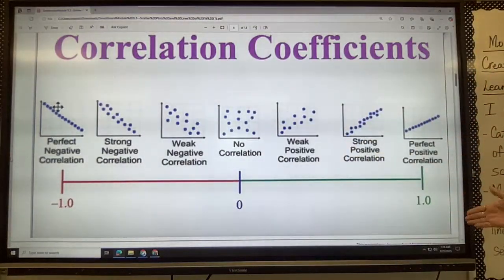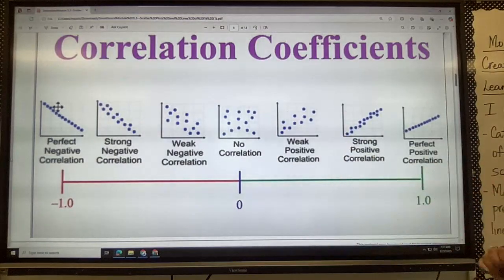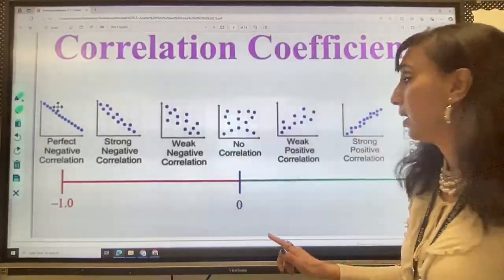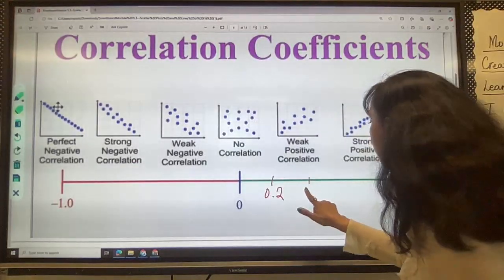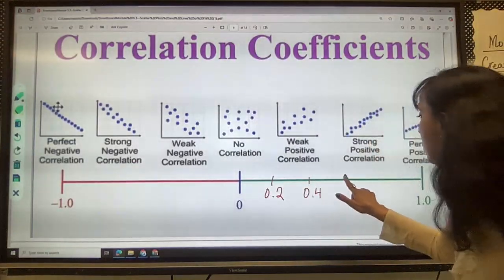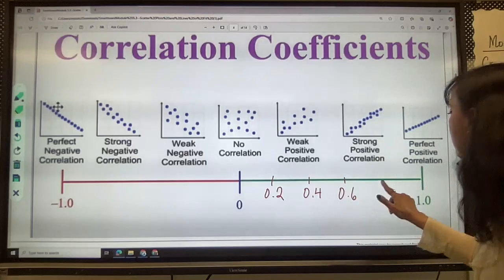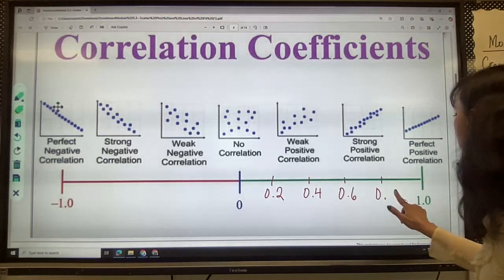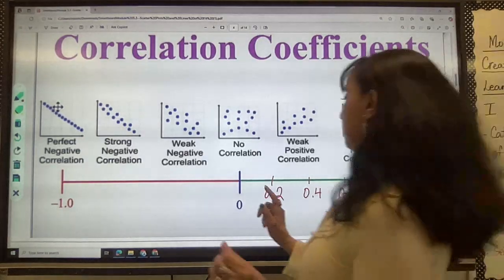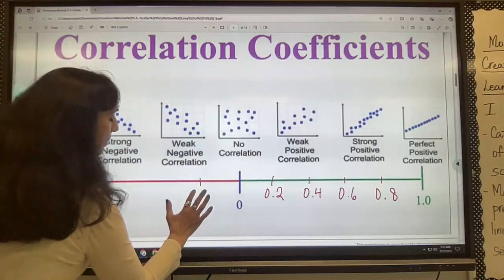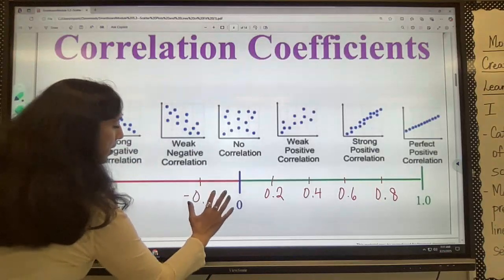Everything else falls in between: 0.4, 0.6, 0.8, and then the same thing on the other side.